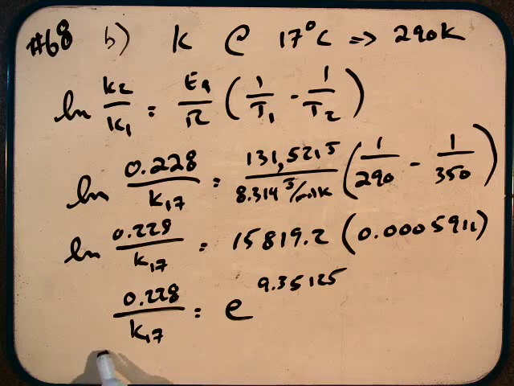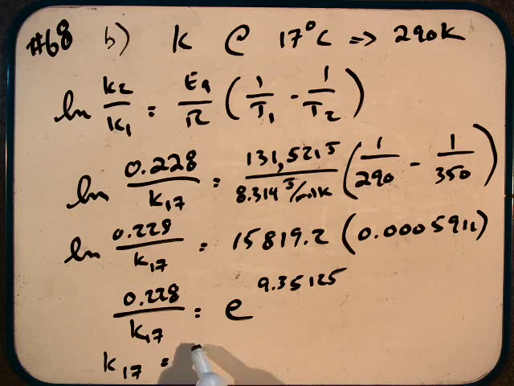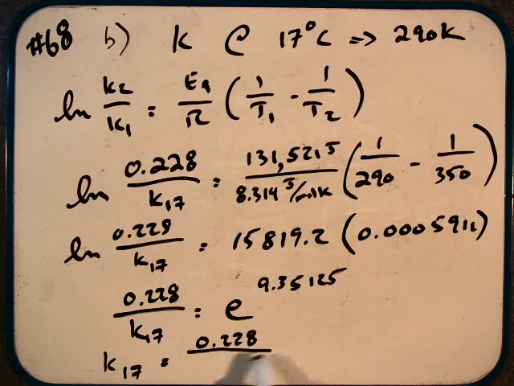If we then solve for our K at 17 degrees Celsius, that would be equal to 0.228 over e to the 9.35125.